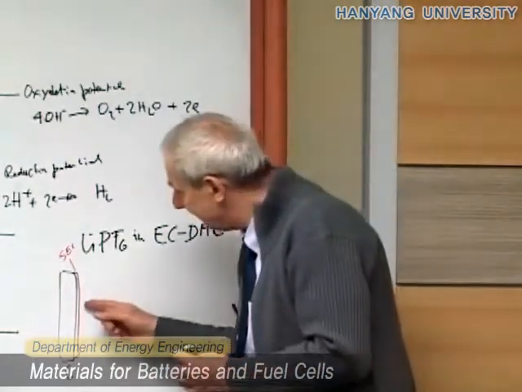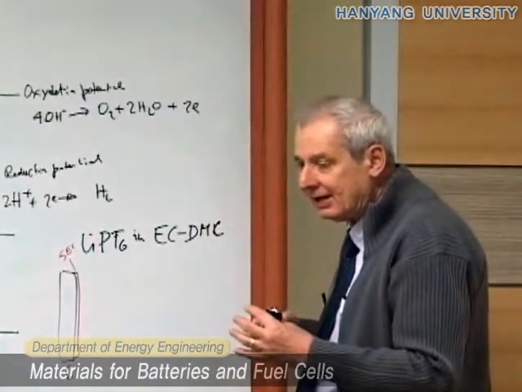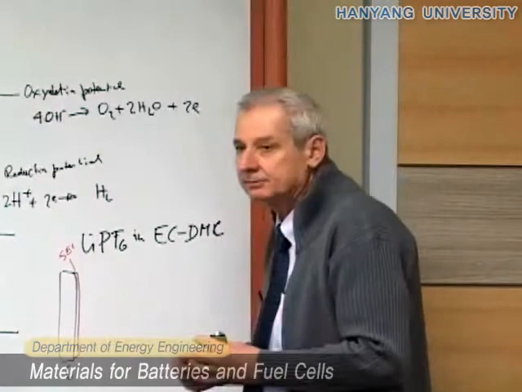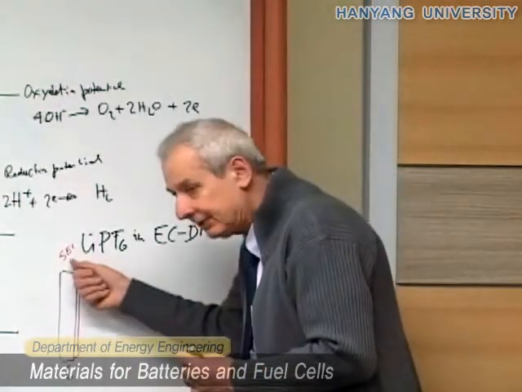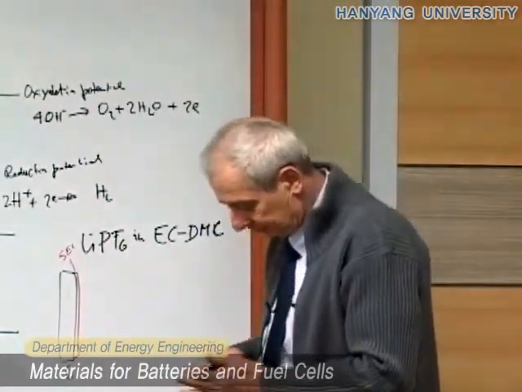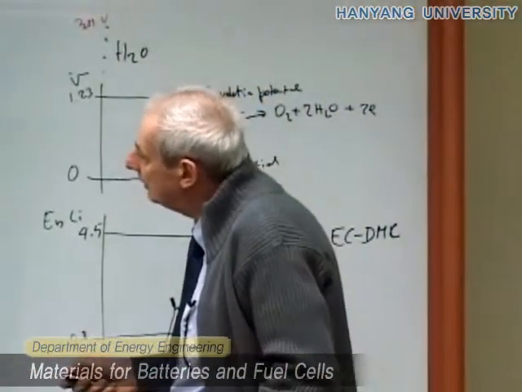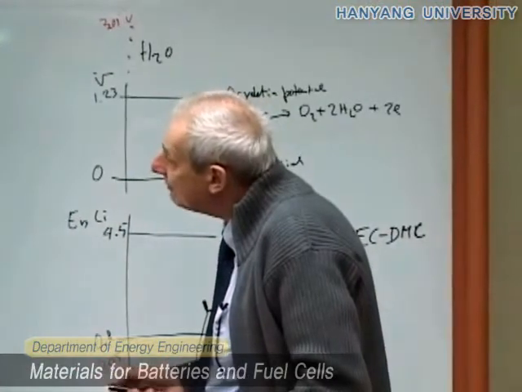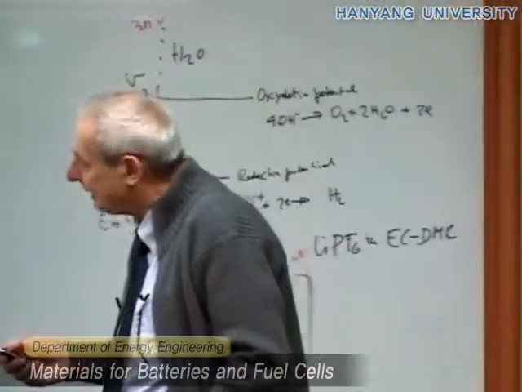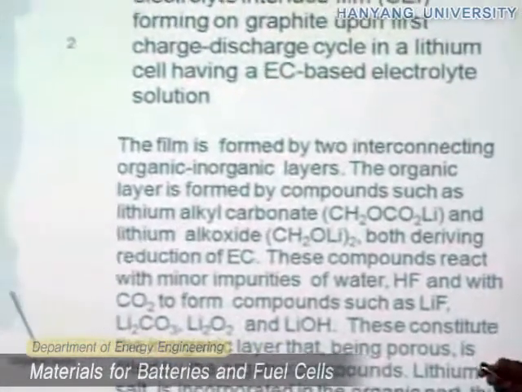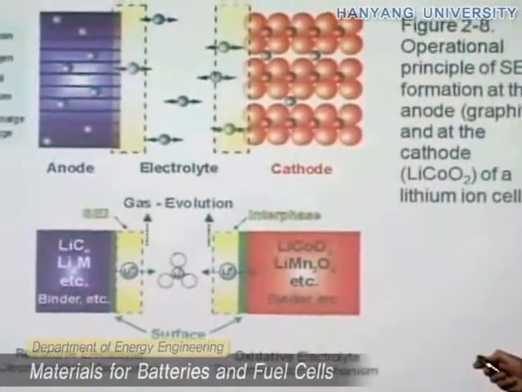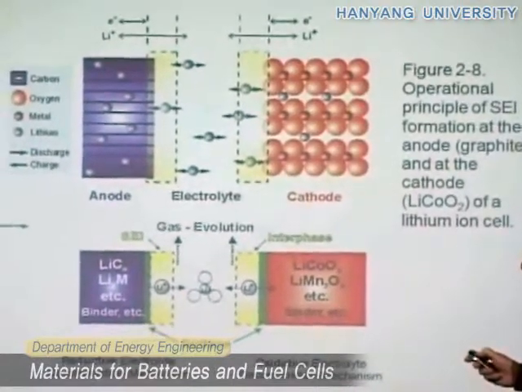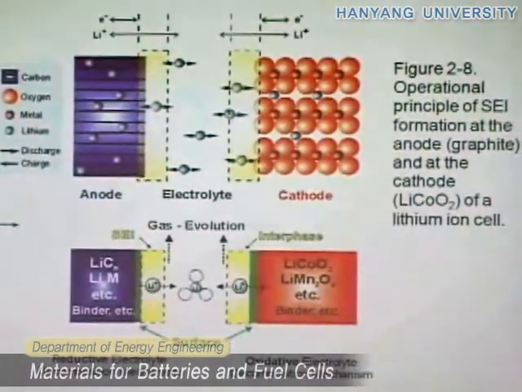However, this film has enough ionic conductivity to let lithium go in and out. And this is why it's called solid electrolyte interface. Actually, as we will see in other lectures in the future, also the most common cathode material operates outside the stability window.